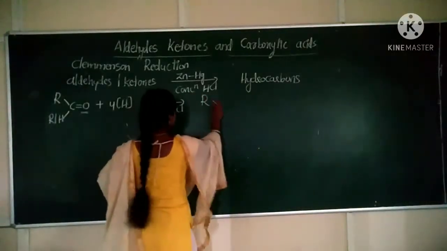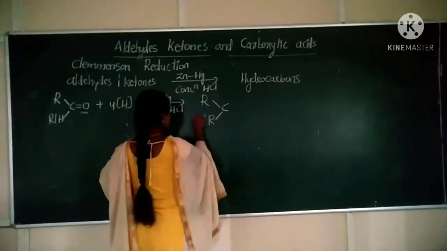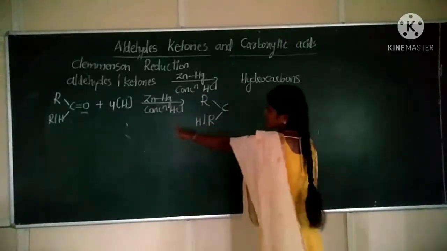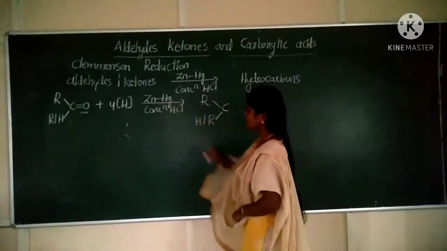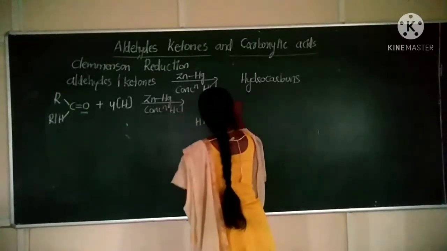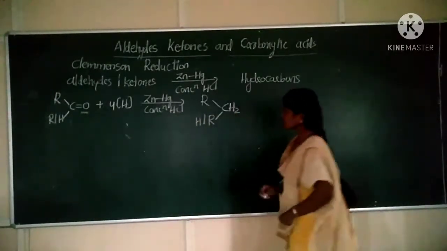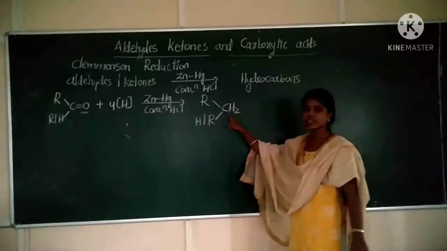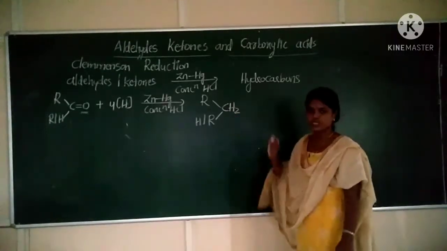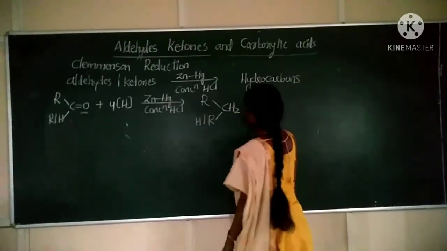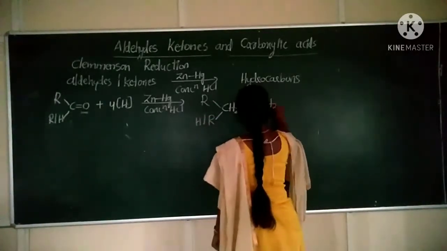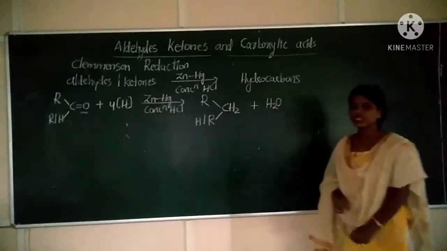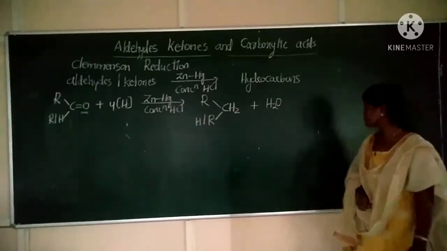R as it is, C, R, H as it is. In place of oxygen, I add 2 hydrogens. Clear? Now, what remains? Oxygen and 2 hydrogens. So, write it as H2O. So, this is the Clemmensen reduction reaction.